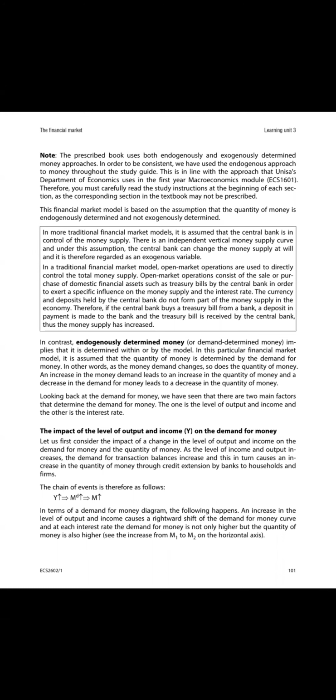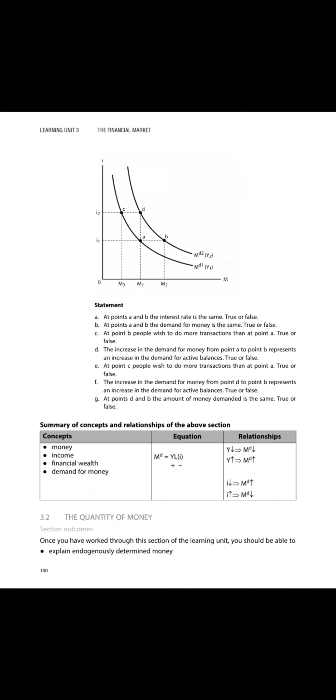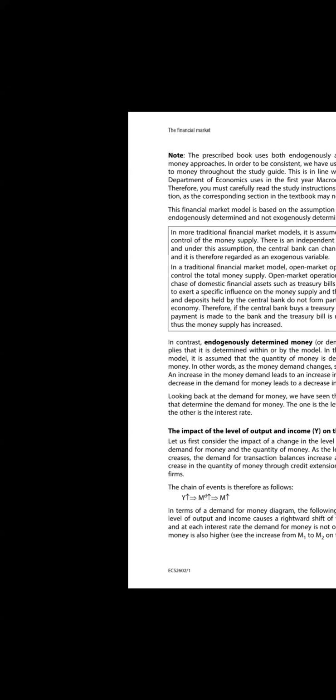Right, so there are two things now that can happen in terms of our determination of money, particularly money supply. It can either be determined exogenously or endogenously, right?